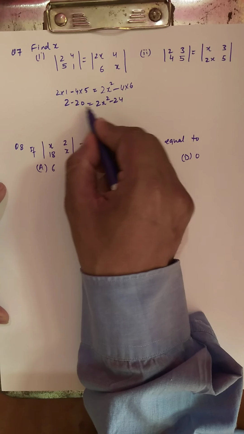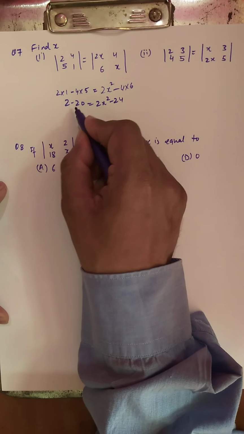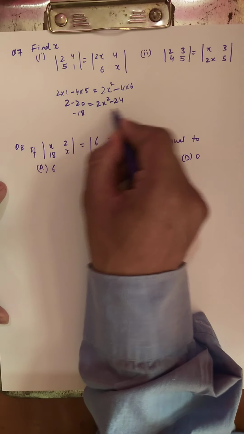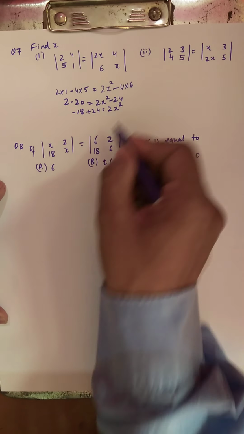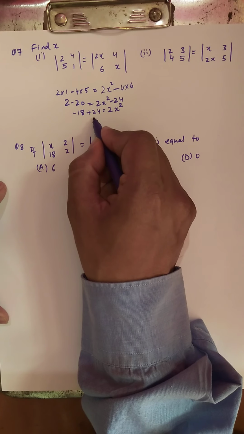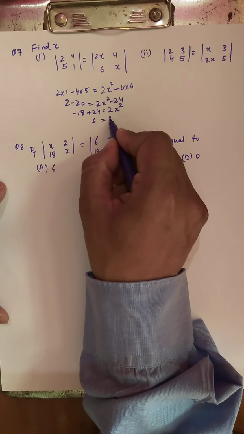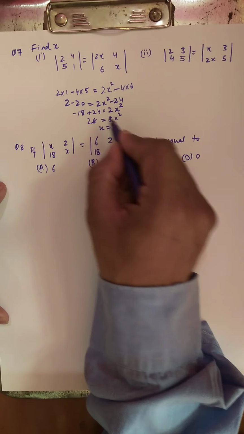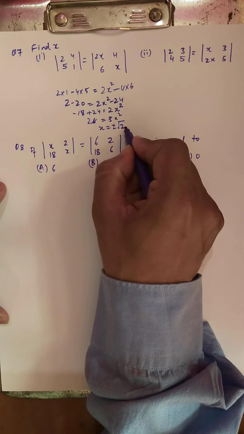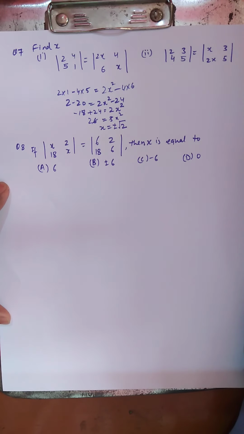Now you see 2x square, this is minus 18, and minus 18 plus 24 is equal to 2x square. So now 6 is left, so this is 3x square. So x will be plus minus root 2. So here we are getting plus minus root 2.